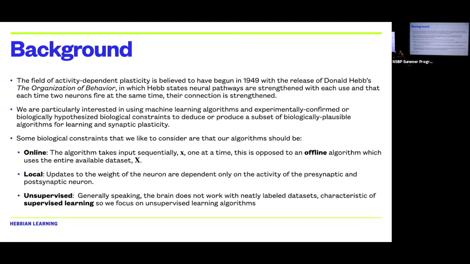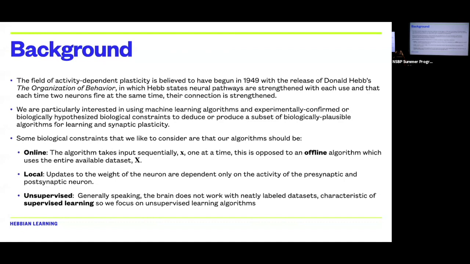Some biological constraints that we apply are that we normally would like to work with online algorithms. The contrast to that are offline algorithms that utilize a whole data matrix instead of a single data vector at one time. We think of how the brain receives information, which it does sequentially. It doesn't take in big batches of information.